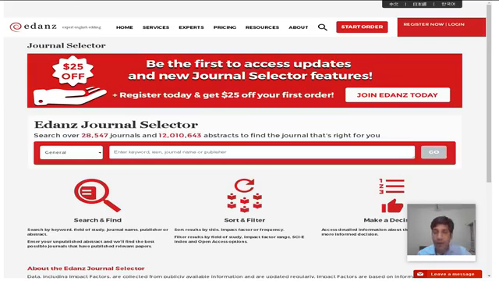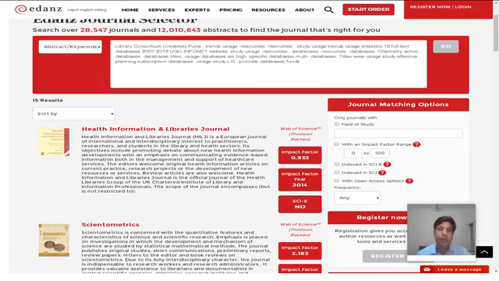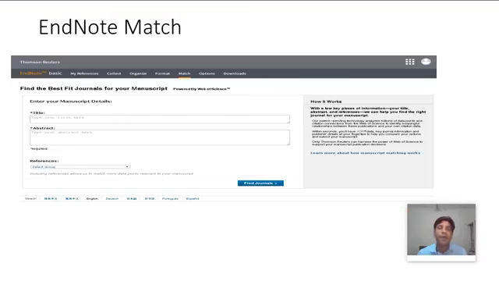It finds a good match between your manuscript and a peer-reviewed academic journal, which will help research scholars in selecting journals. Here you can repeat the same steps: you just copy the abstract, paste it in this box, and then it will give you the list of possible journals where you can publish your articles.